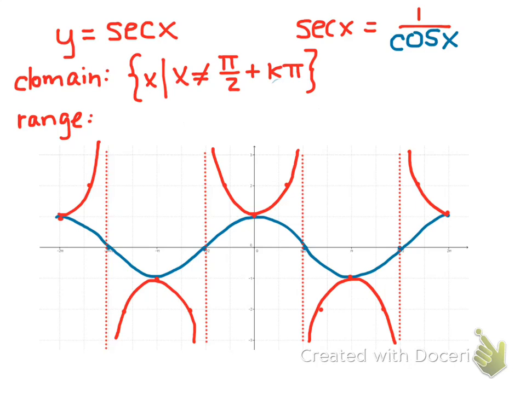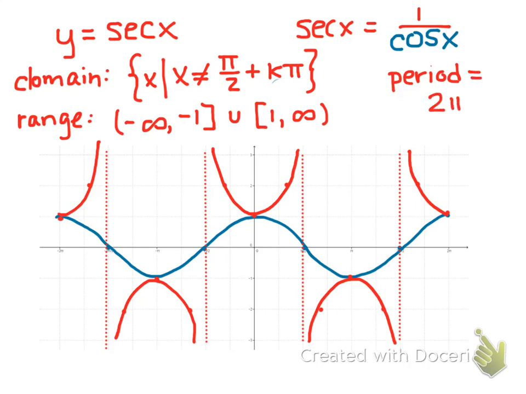And the range of the secant, well, we see the secant starts down at -∞, comes up to -1, includes -1, then goes from 1 to infinity. And the period of the secant is the same as the period of cosine. It repeats itself after we've been through a full 2 pi.